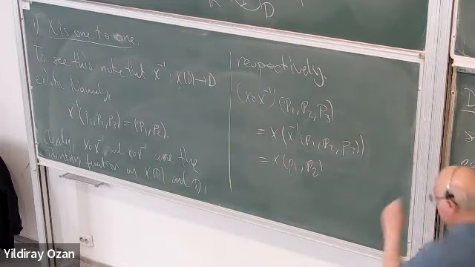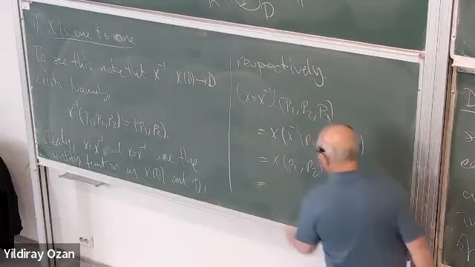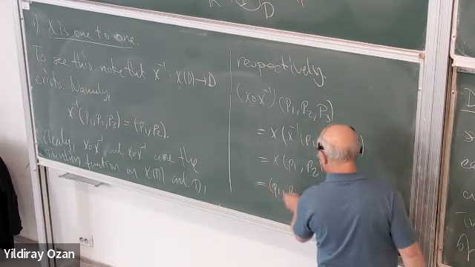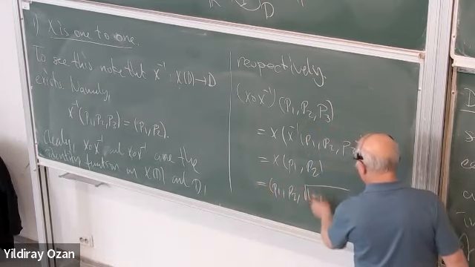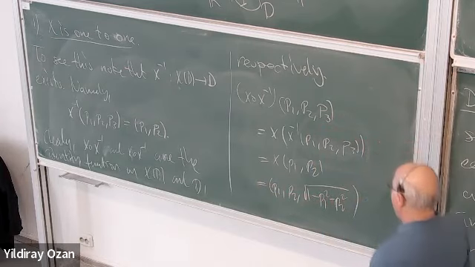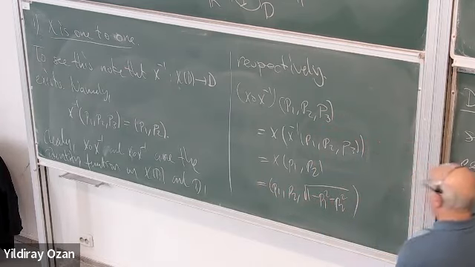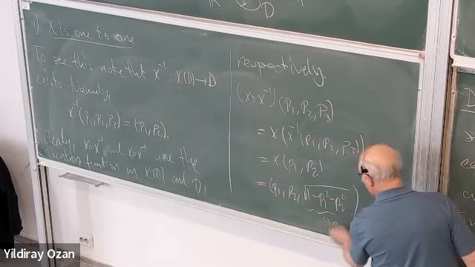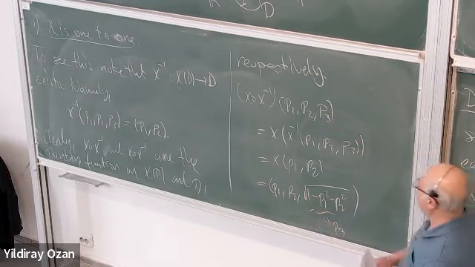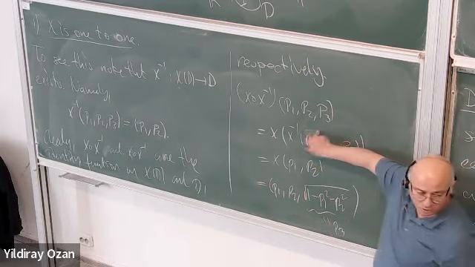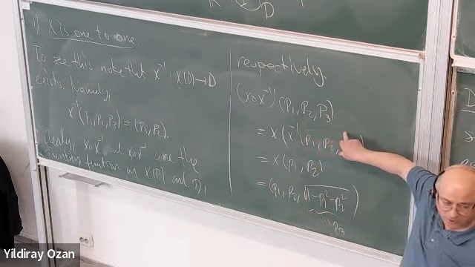All right. What is X of P1, P2? Well, this is P1, P2, and then the square root of 1 minus P1 squared minus P2 squared. Well, what is this? It is P3. Why is that? Because I am on the northern hemisphere, and this point is on the sphere, right?